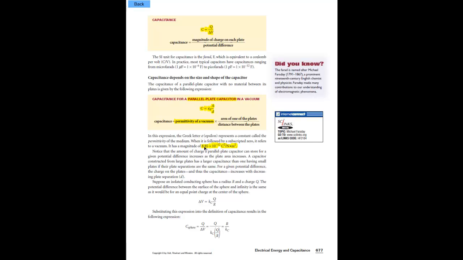And what this says is, in a vacuum, where I would have nothing between the plates, plates of a certain size and a certain distance, with that information, I can figure out exactly the capacitance. So I could build the capacitor the way I wanted to. If I'm limited on size and spacing, changing this value from a permittivity of a vacuum to a different value by choosing another insulating material between the plates would increase my capacitance. And we'll talk about dielectrics in a minute.